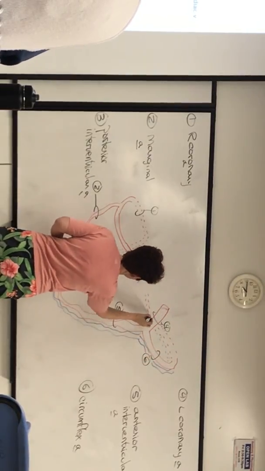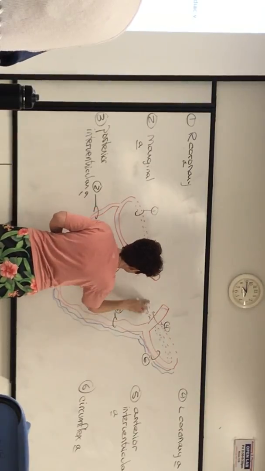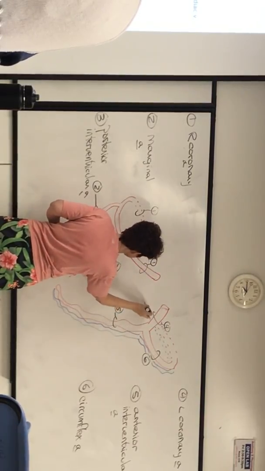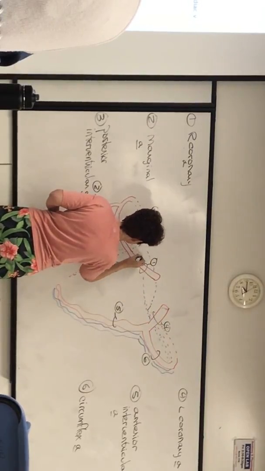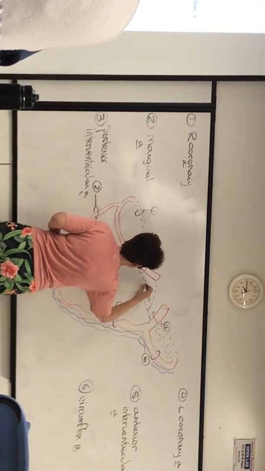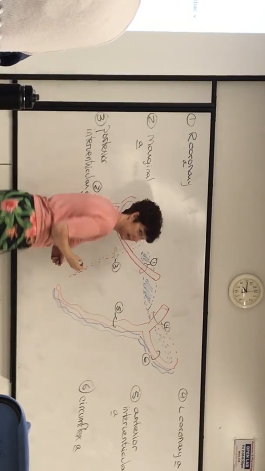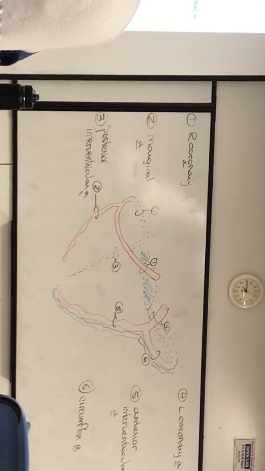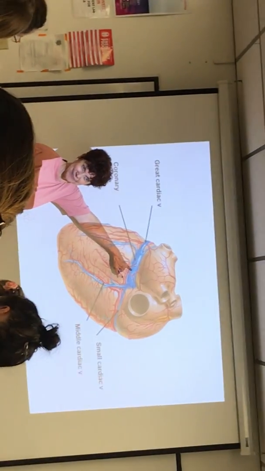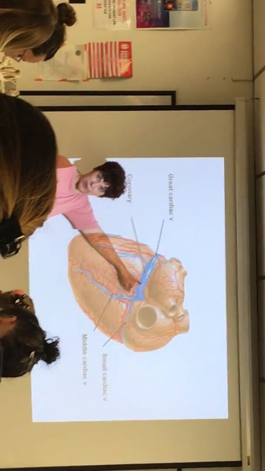And when it gets to the middle of the back of the heart, it actually dilates and forms the coronary sinus. Okay? So the coronary sinus that we see in the next image is actually a dilation of the great cardiac vein. And the coronary sinus is the third vessel that empties into the right atrium.